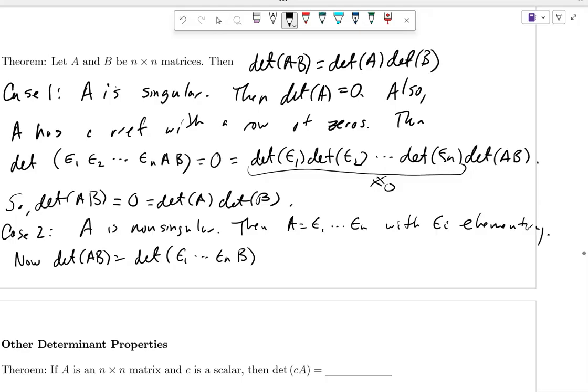So if I look at the determinant of A times B, I can replace the A with the product of the elementary matrices. We just said a minute ago that I can break that up nicely.